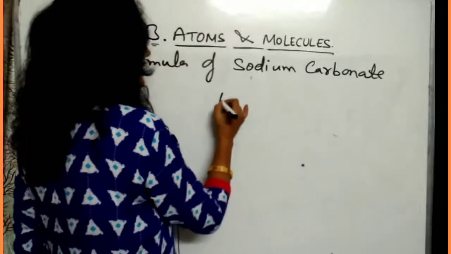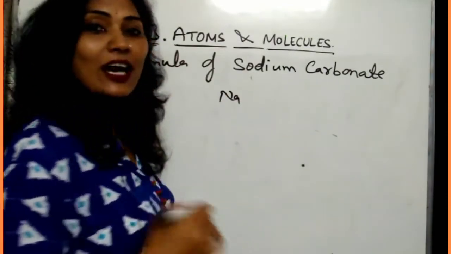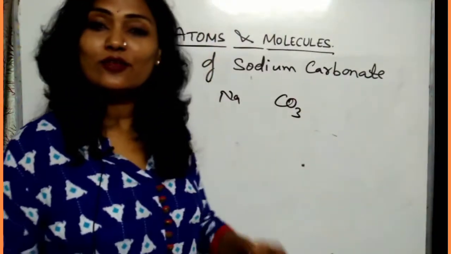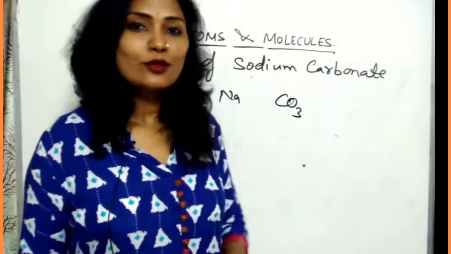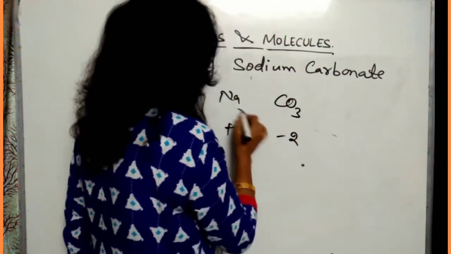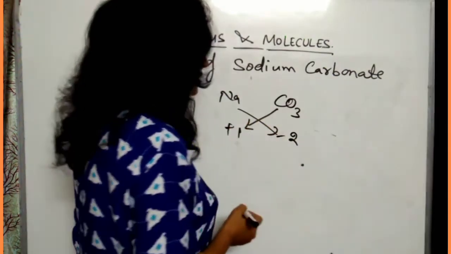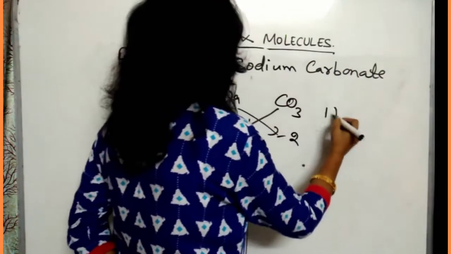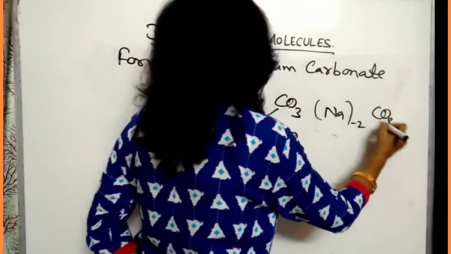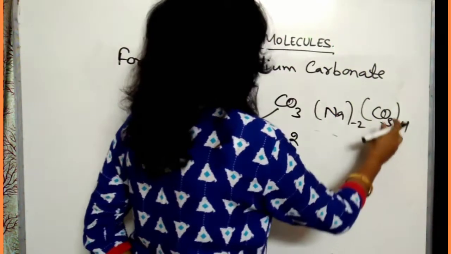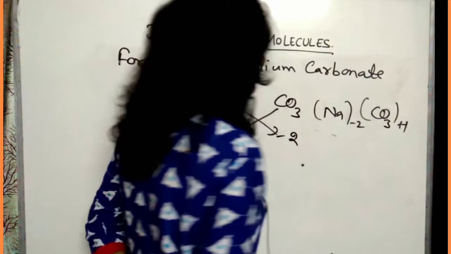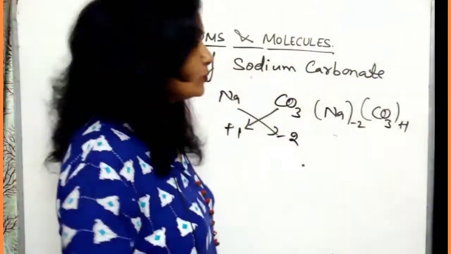It's Na, and carbonate is CO3. What is the valency of CO3? It's -2. So you will write -2 and plus 1, and cross over the valencies. You will write Na with -2 and CO3 with plus 1.